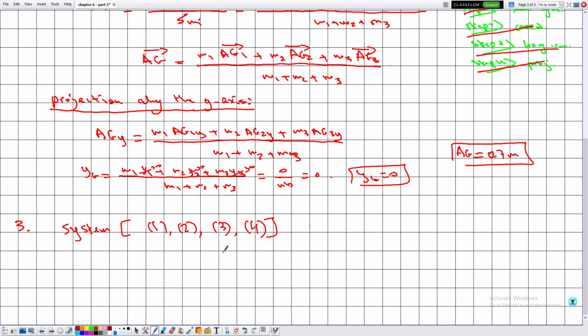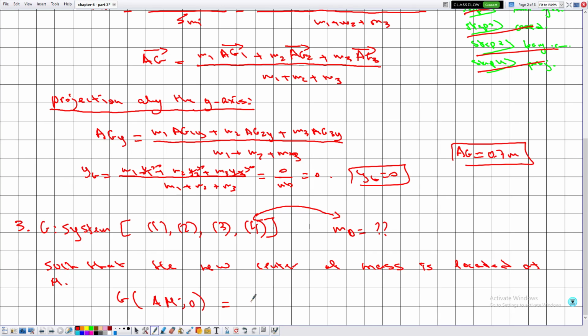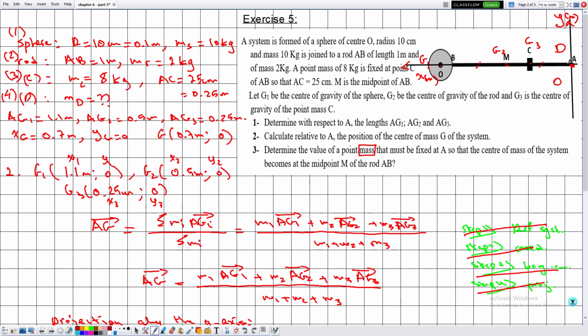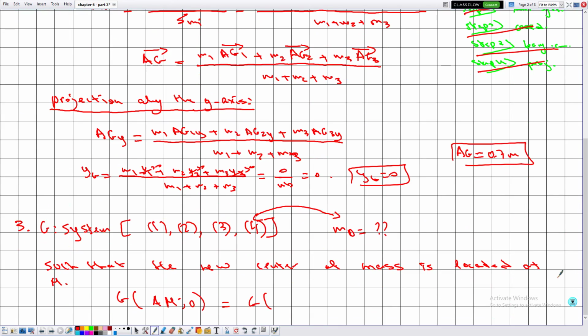Okay, and we are interested in determining the value of md corresponding to the 4th particle such that the new center of mass is located at M. Then in this case, the center of gravity G corresponding for this system has the following coordinates: AM, 0, which is equal to G. The length of AM is given by 0.5 because the length of the rod is 1. And this is for sure 0 because we have no ordinate.